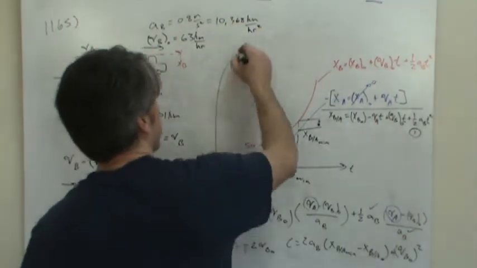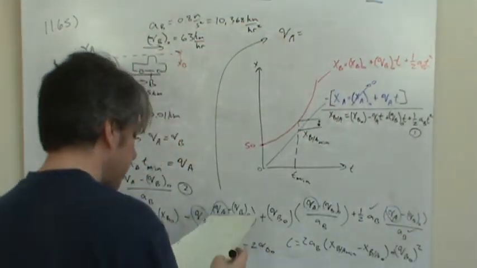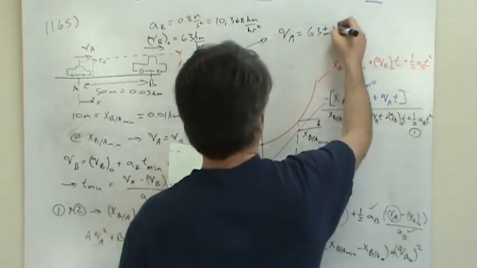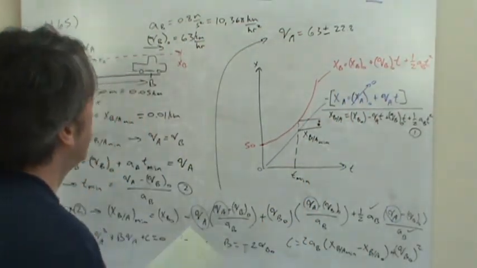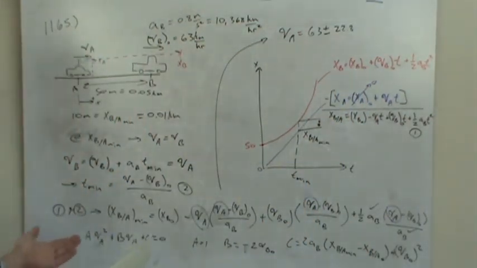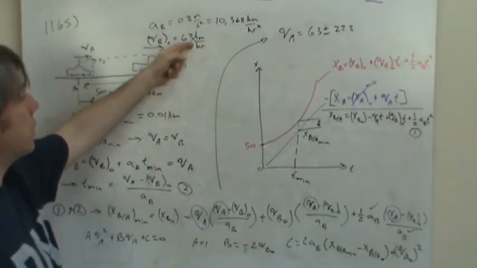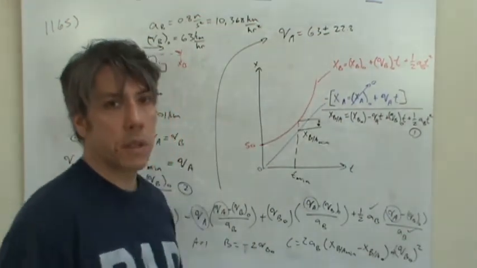I need to move up here, I'm out of space. The velocity of A that you find will be 63 plus or minus 22.8 kilometers per hour. Now, which makes sense? Would we say the velocity of A is more than 63 kilometers per hour, so plus, or less than 63 kilometers per hour?